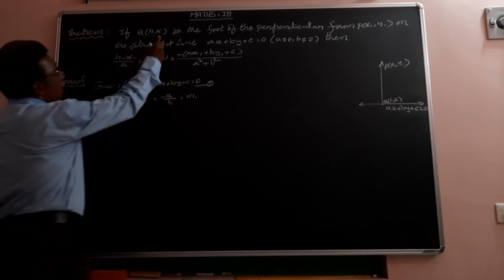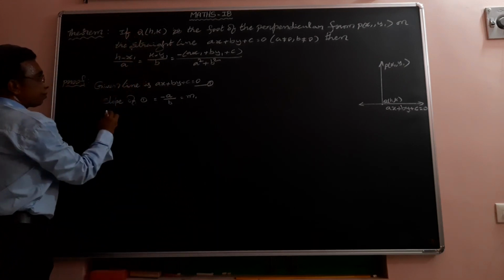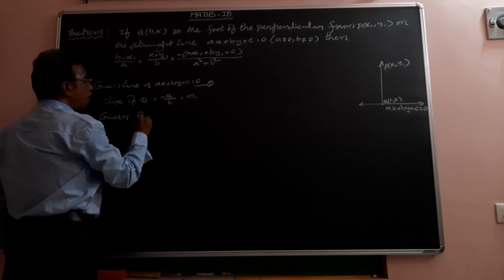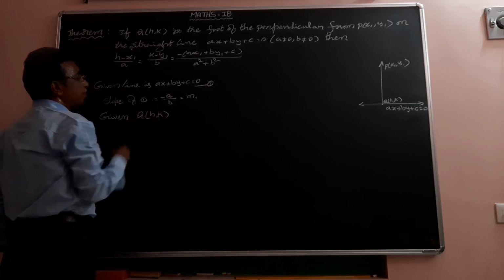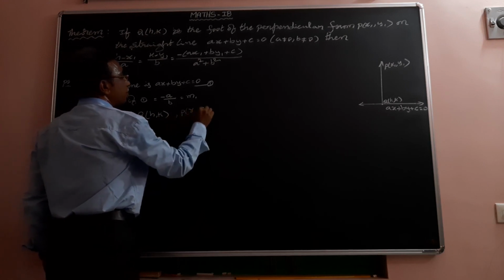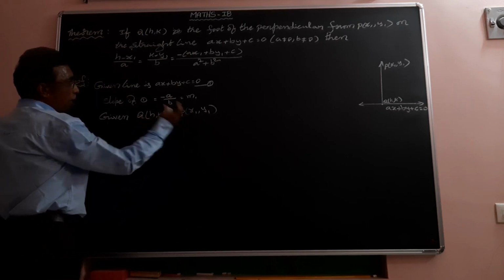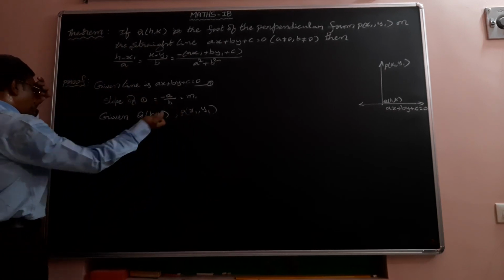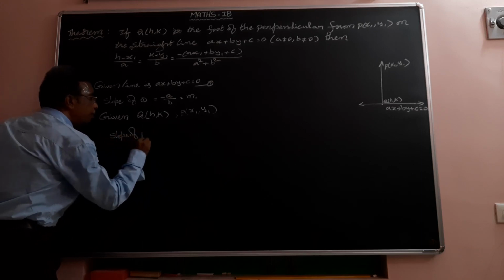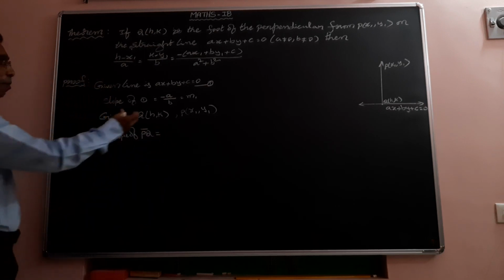Next, Q of h comma k and P of x1 y1. These 2 points are given. Now we find the slope of these 2 points. Slope of PQ bar equal to, what is the formula of slope?